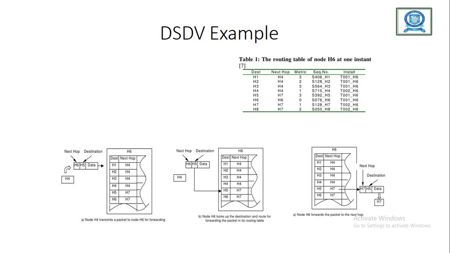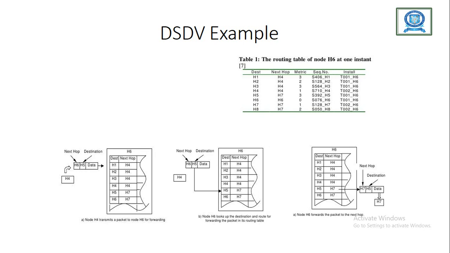Now consider node H4 wants to transmit a packet using this routing table. H4 wants to communicate with H5 as the destination, using H6 as an intermediate node, as shown in the left side diagram.